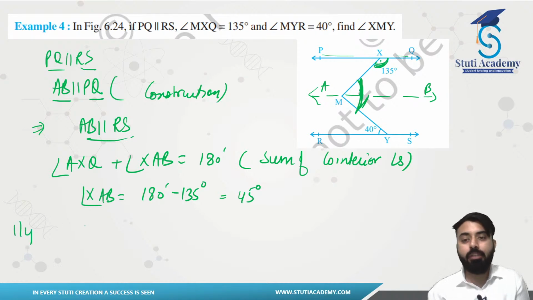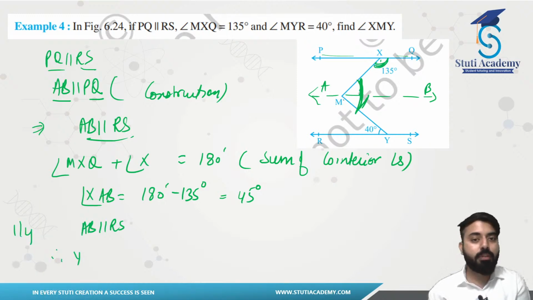Similarly, I know AB is parallel to RS, therefore angle Y, actually this is M, not A, let me just erase this one. This is MXQ, AB is the line. So this is MXQ and XMB, right? So XMB will be the angle.